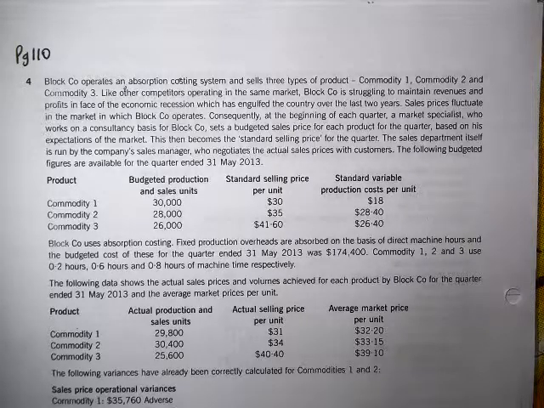Now, the following budgeted figures are available for the quarter ended 31st May 2013. So it gives you commodity 1, 2, and 3, the budgeted production and sales, the budgeted standard selling price, and the standard variable cost per unit. Now, Block uses absorption costing.